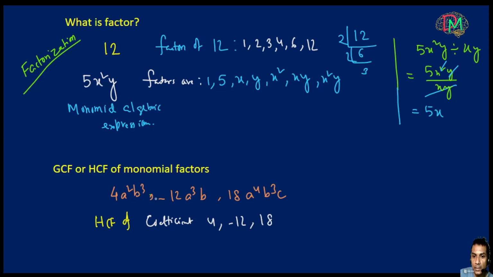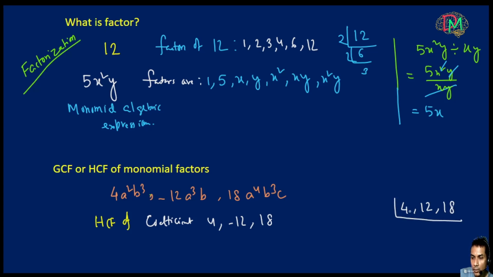Since the terms do not all have the same sign, only here it is minus, we are not considering the sign, we only consider the value. By the common prime factorization method we can find the HCF.